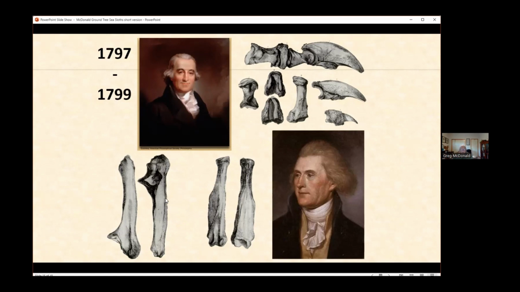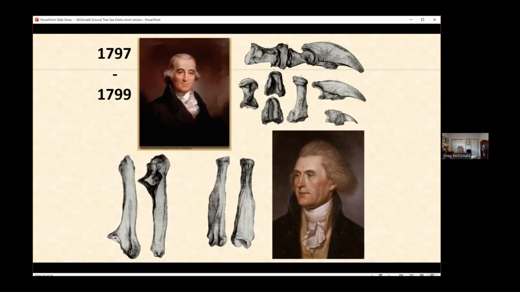And while these illustrations here are often misrepresented as being part of Jefferson's paper, they were actually part of Wistar's paper. So if you want to learn about the first description of Megalonychidae, you need to read both papers, both Jefferson, who got the credit, because later, although he coined the genus Megalonyx, he didn't give it a species name.